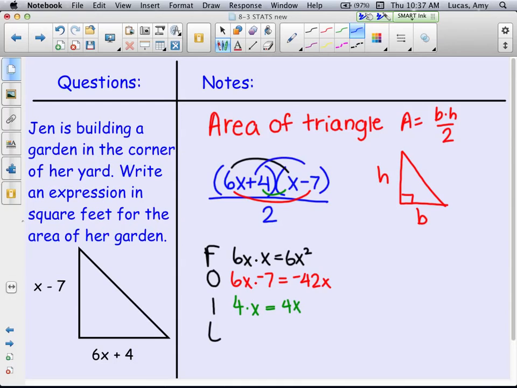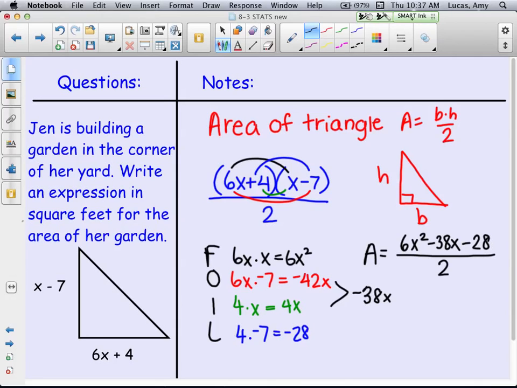And last, 4 times negative 7, negative 28. Okay, so now we can put together those like terms. So negative 42 plus 4 is negative 38x. So it looks like multiplying the base times the height gives us 6x squared minus 38x minus 28. And remember that we have to divide it by 2.